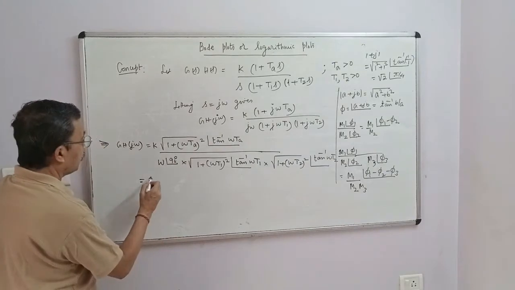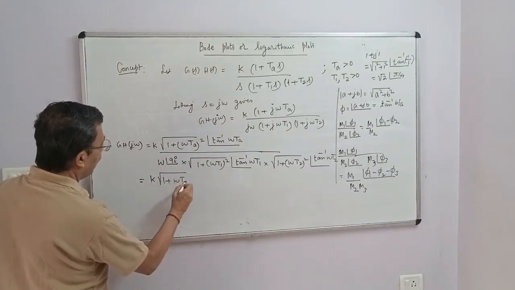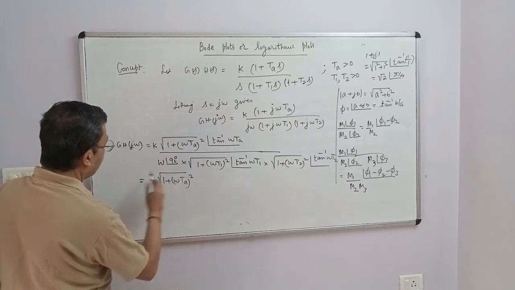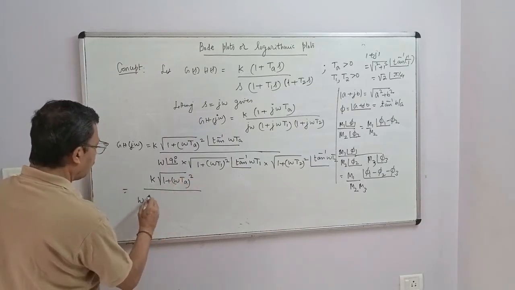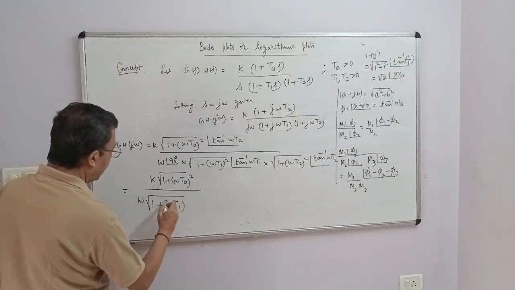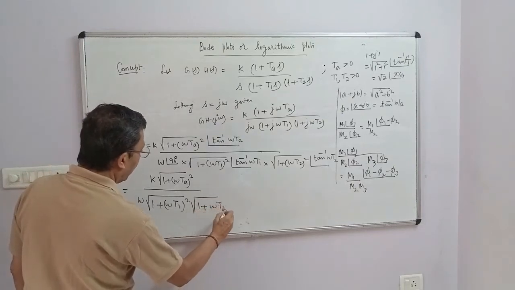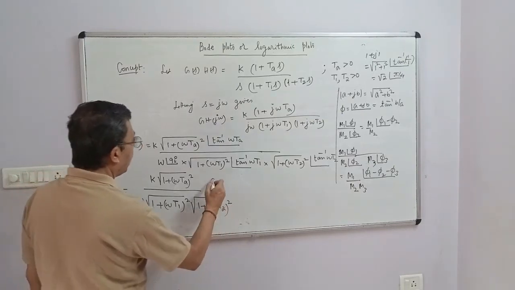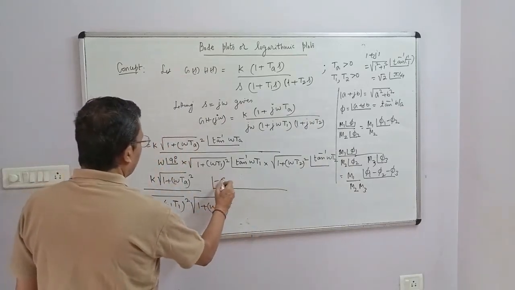Multiply the magnitudes. So what do you get? K into the square root of (1 plus omega Ta) whole square, divided by omega into the square root of (1 plus omega T1) square into the square root of (1 plus omega T2) square. Angle is minus 90 degrees.